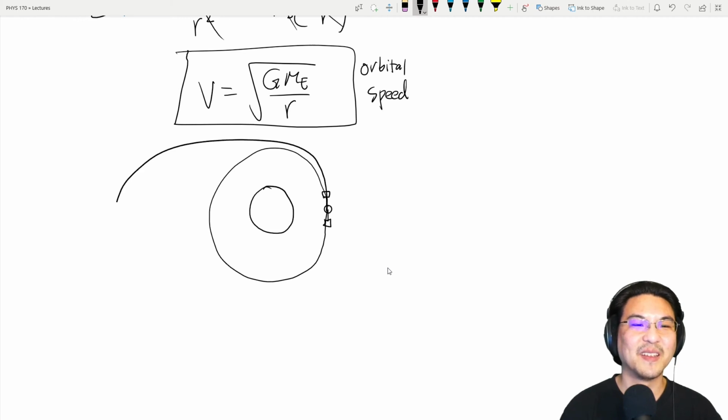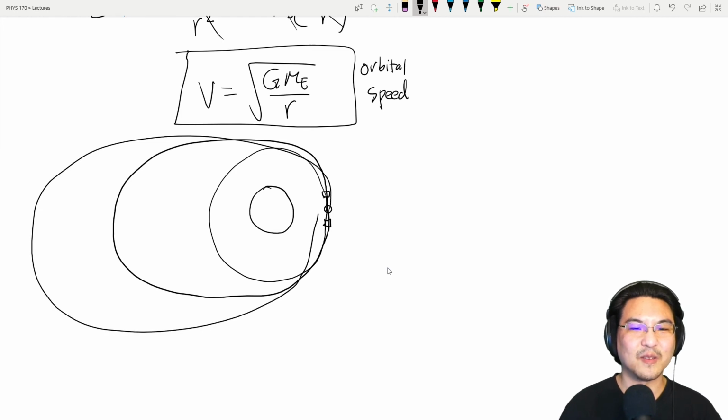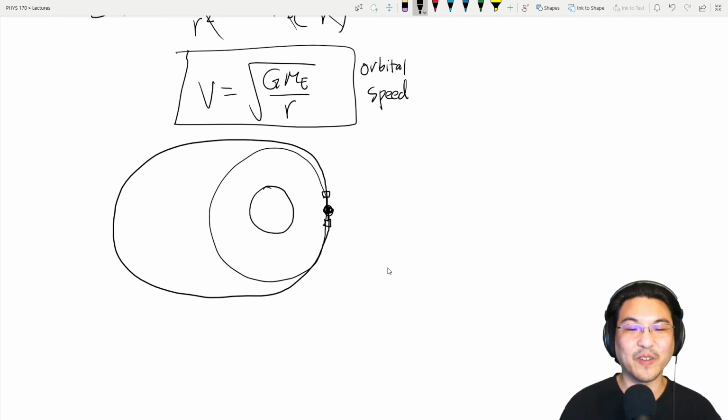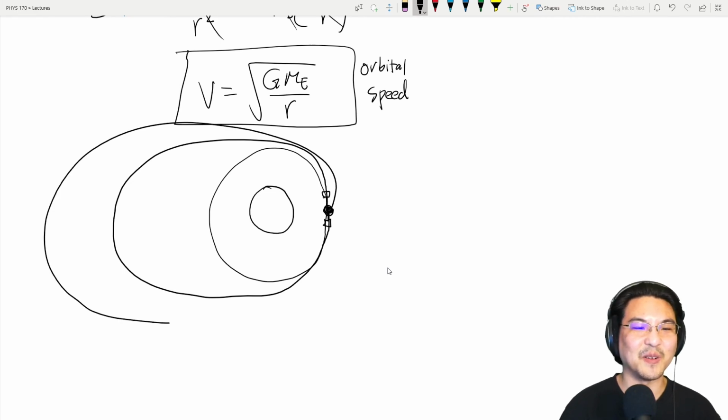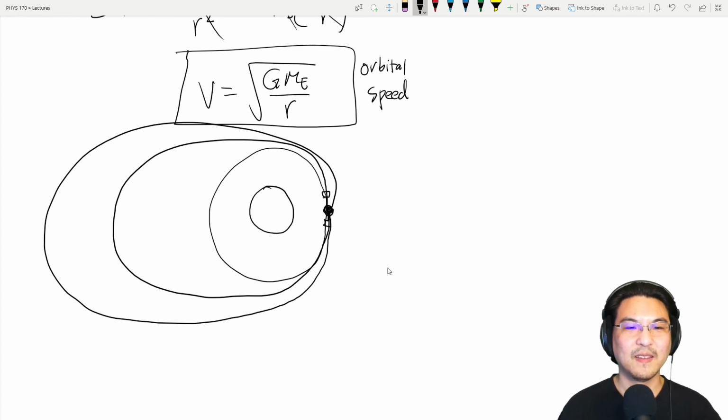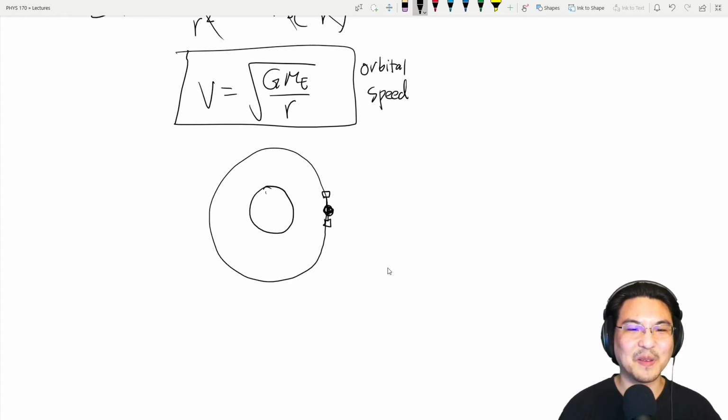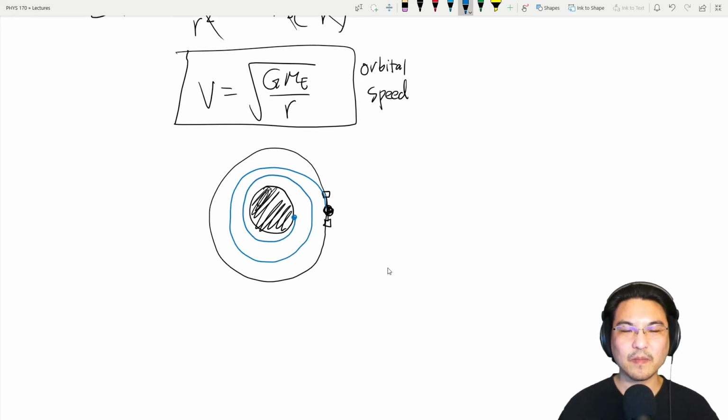You'll still be orbiting, but it'll be more of an ellipse, and the more speed you provide, like thrust, the more you change your path to an ellipse of different shapes. But what happens when you go slower? When you go slower, you start falling toward the Earth like this, and then you crash.